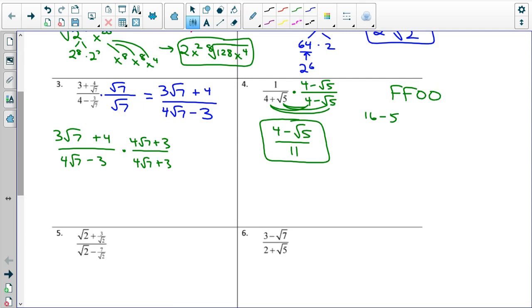So 4 times 4 times 7 is the same thing as 16 times 7, which is 112 minus 9... 160 minus 21 would be 139, I'm pretty sure. Then these terms cancel. Then I have minus 9, so the denominator is 130.